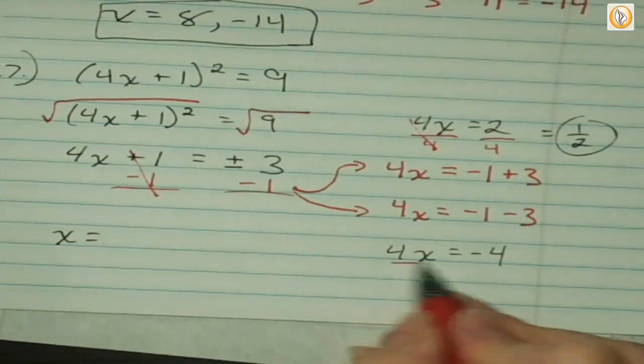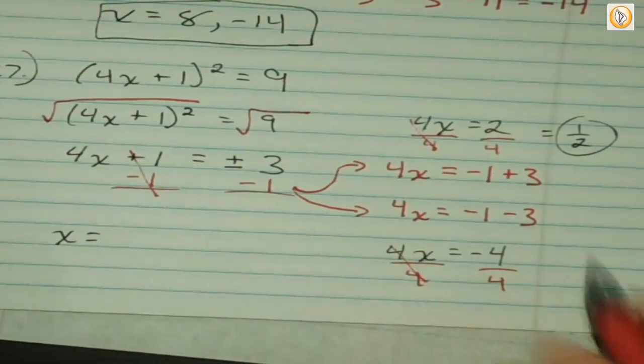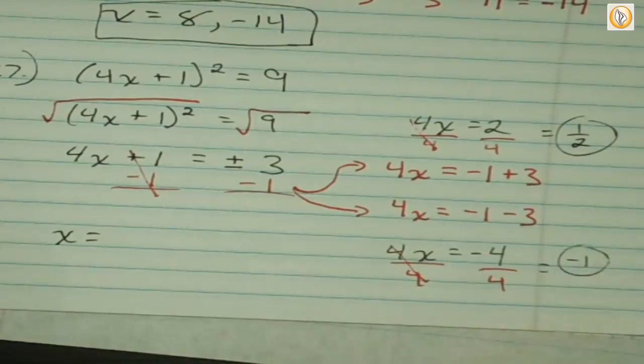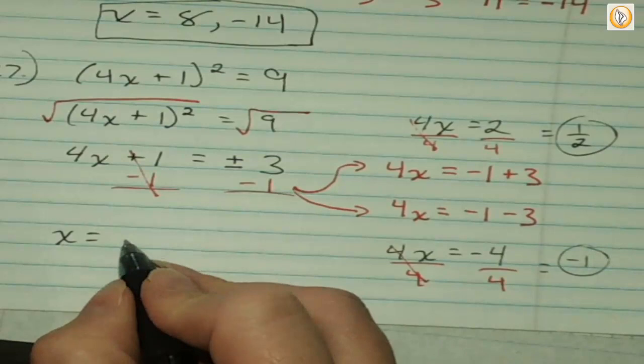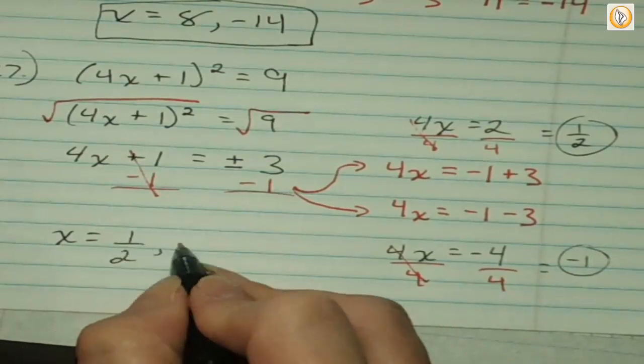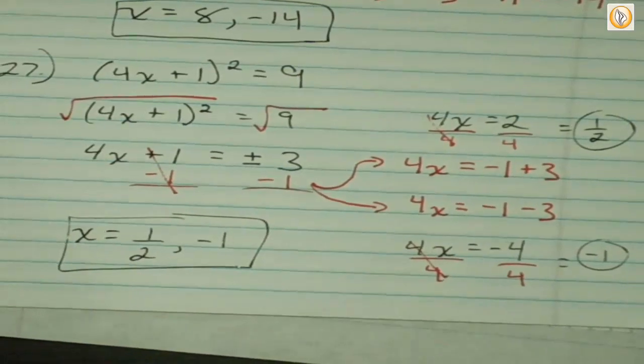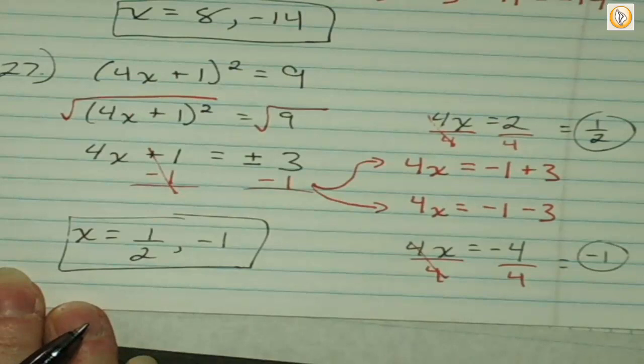You divide both sides by 4, and you get x equals negative 1. So your answer is a half and negative 1. Any questions? Any questions?